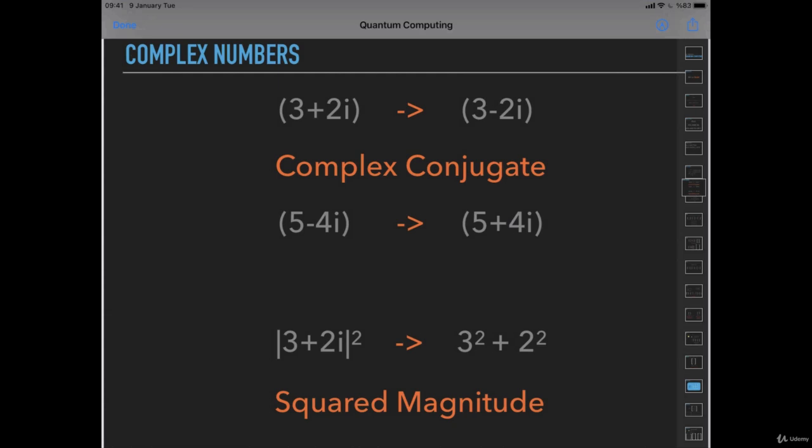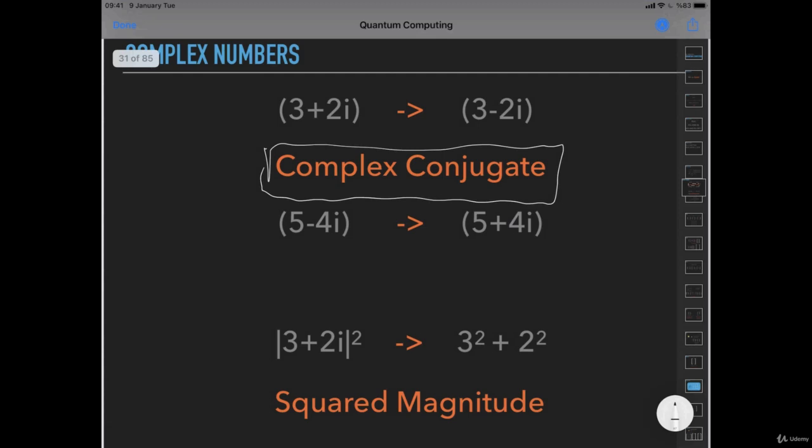We're going to use this complex conjugate a lot in the quantum computations, as well as the squared magnitude. Squared magnitude means you're just dealing with the real numbers and taking the squares of them. But don't forget about it. Complex conjugate, you're changing the sign of the imaginary part, not the real part itself.